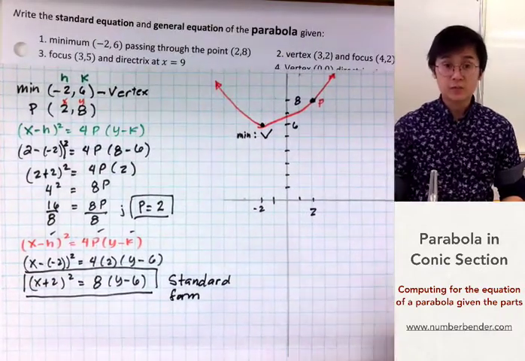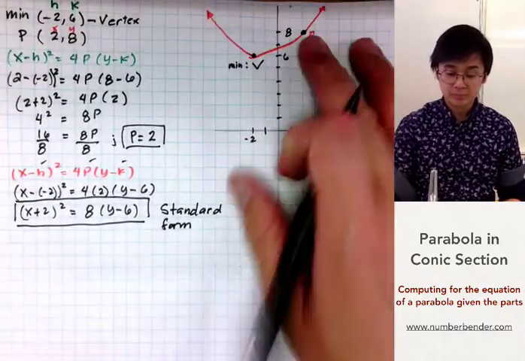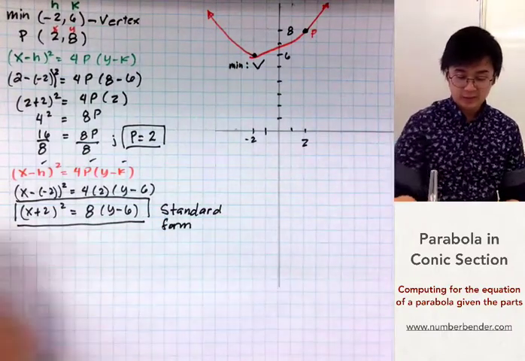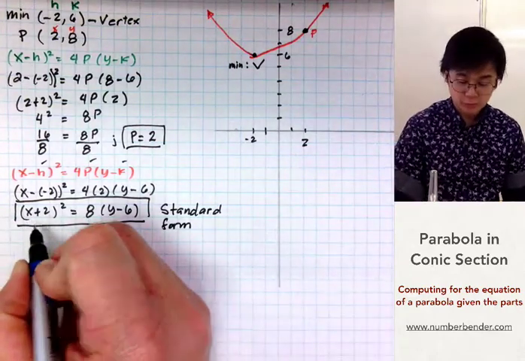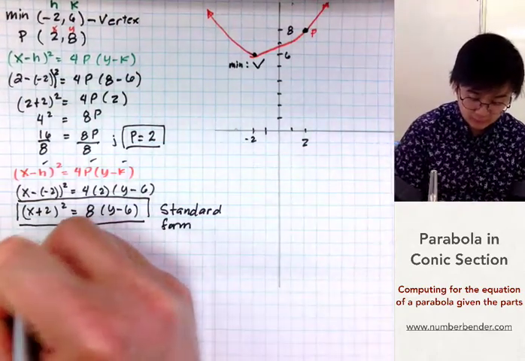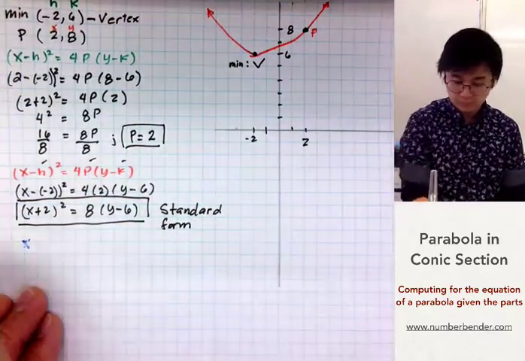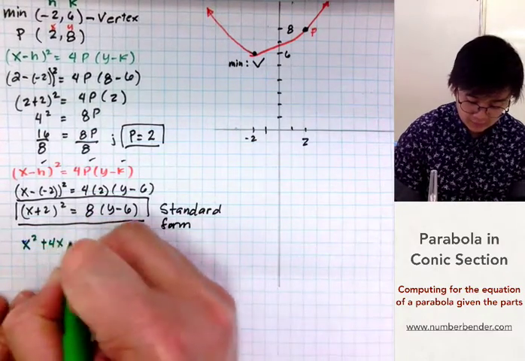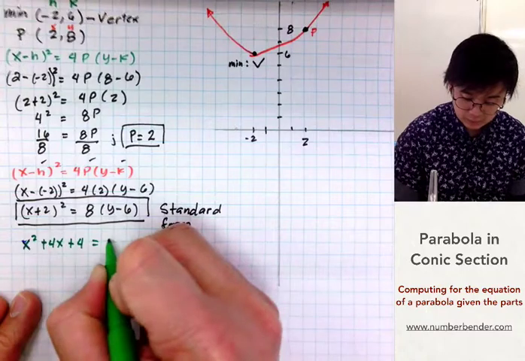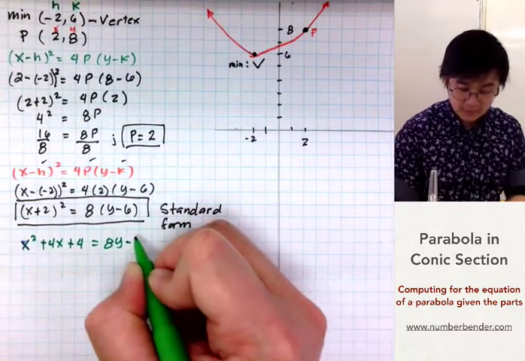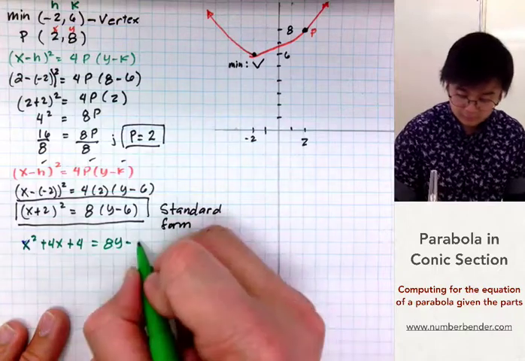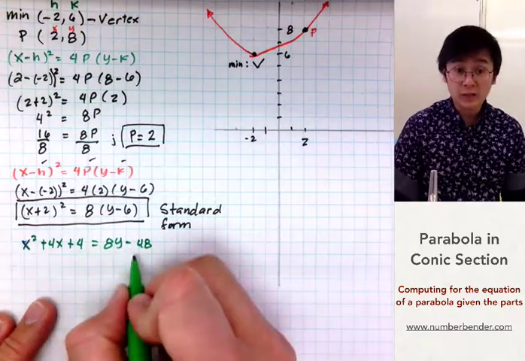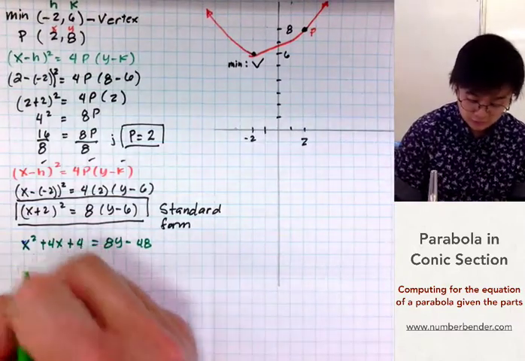Now, to find the general form of the parabola, all we have to do is simplify or equate our standard form to 0. And to do that, we're going to expand (x plus 2) squared, which is x squared plus 4x plus 4 equals 8y minus 8 times 6, which is 48. So by equating this to 0, we'll be able to solve for the general equation of the parabola.